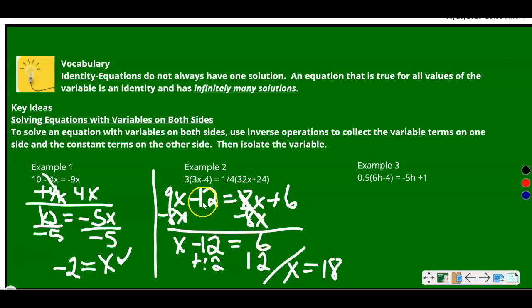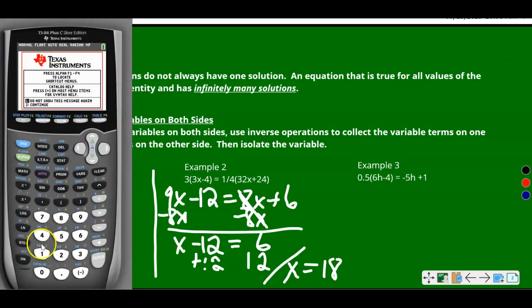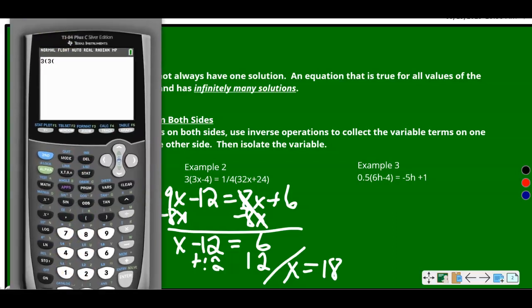And again, you can plug this in to check it. So let's check this very quickly and see what we have. All right, so if we have 3 times 3, and then 18, and then minus 4, okay, on the left side equals 150.